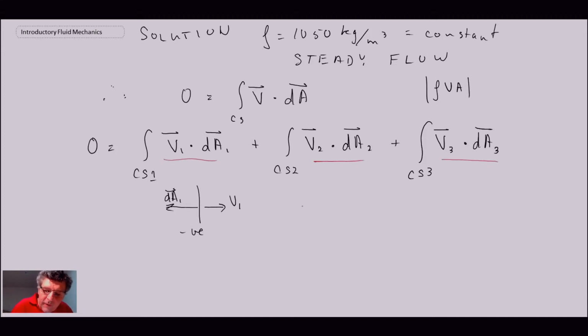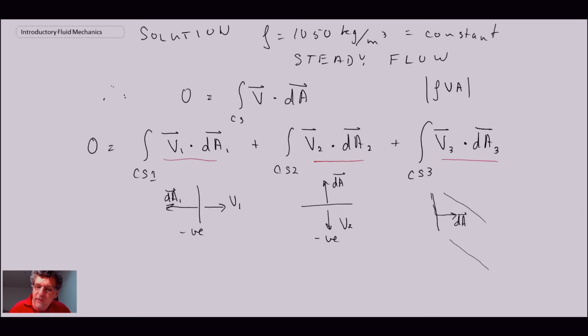For control surface 2, this was on the top. Again, the area vector is going to be out in that direction. The velocity we were told was coming down, so again that's going to be a negative. And finally for area 3, we have the area like that, and although the channel is showing it coming out at an angle, the area is this direction.